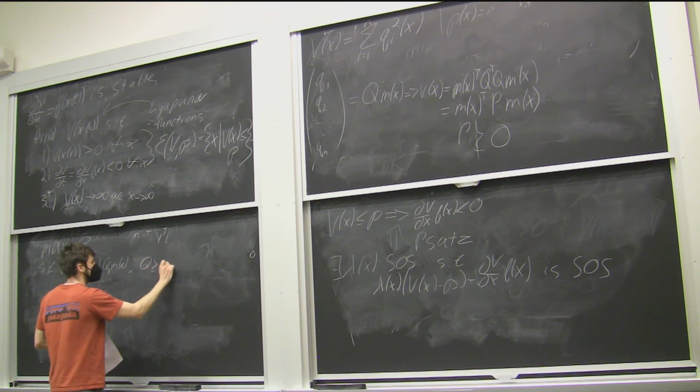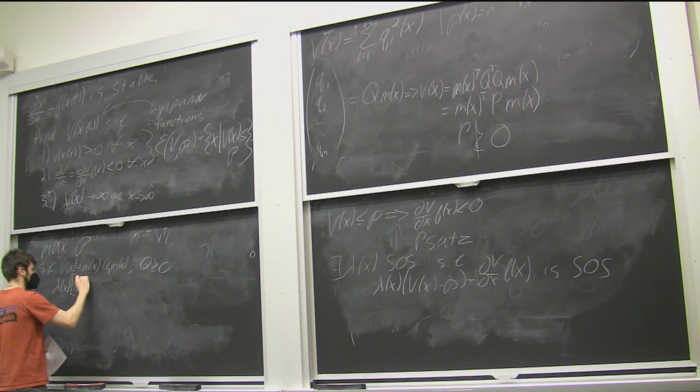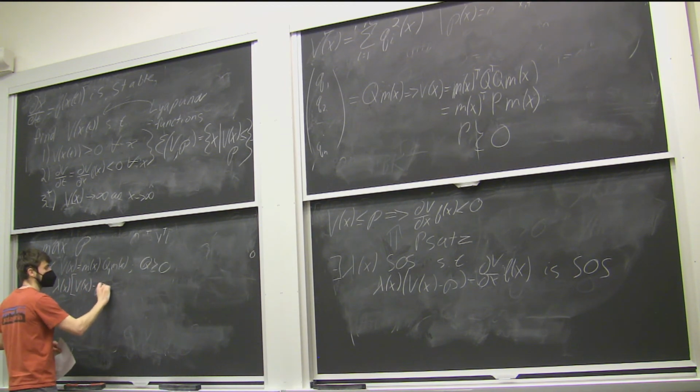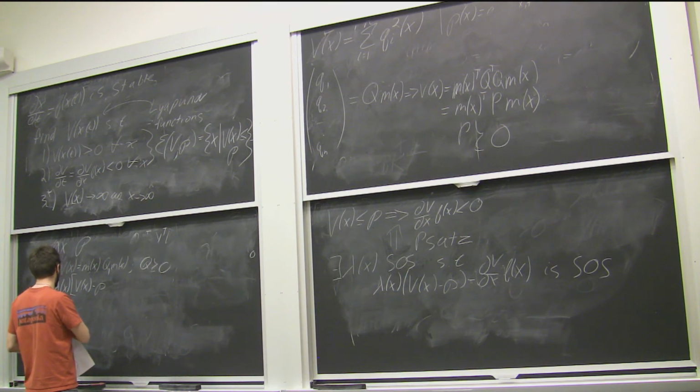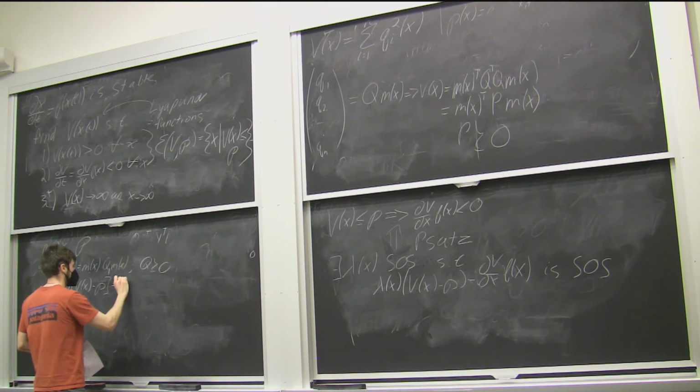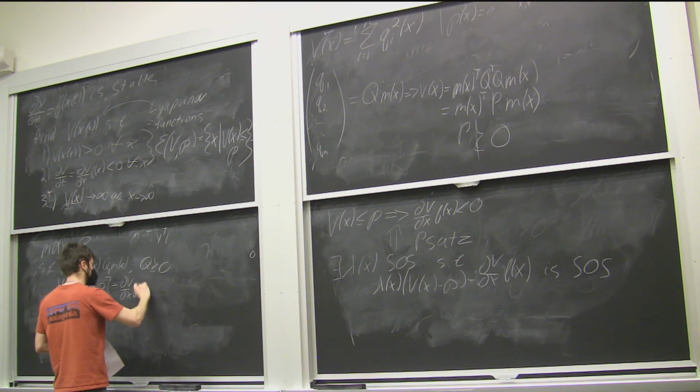Q1 is PSD. I need to have that lambda x times v of x minus rho, minus dv dx of x.